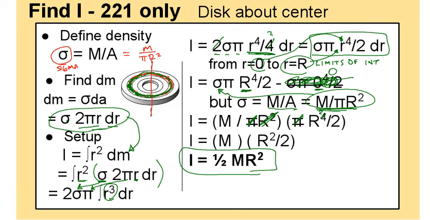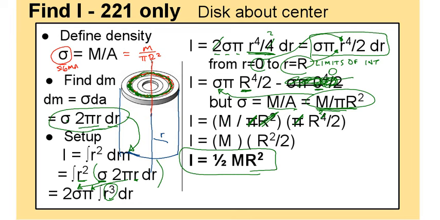We did not say anything about the thickness of this disk because the thickness doesn't really matter. If this were a really thick disk, like you see here, then I am still the same distance r away from the center, or from the axis of rotation. All I care about is how far from the axis of rotation it is.